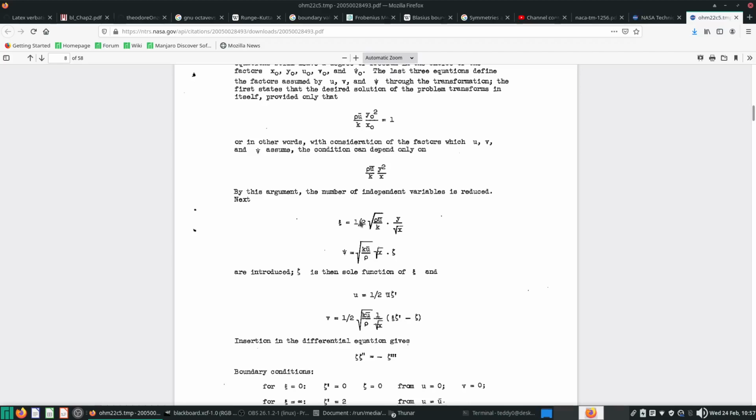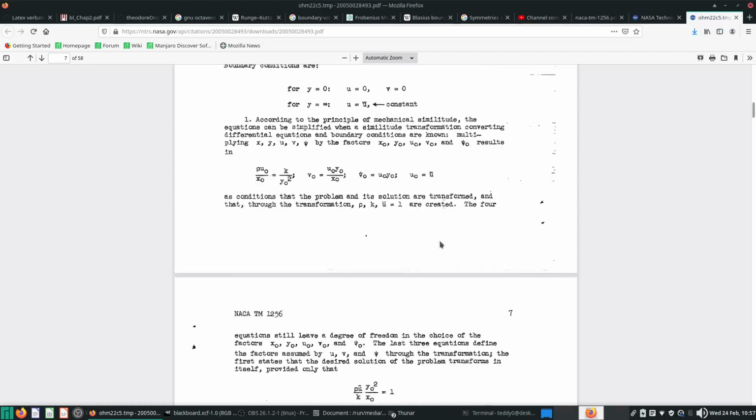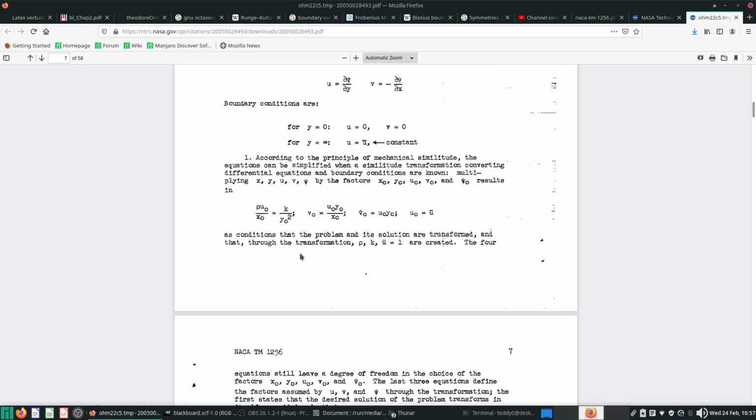So yeah, let's just first go through how some of these things are determined for us. Okay, so this is Blasius's paper. He didn't show all the steps, but I'll show you some steps.